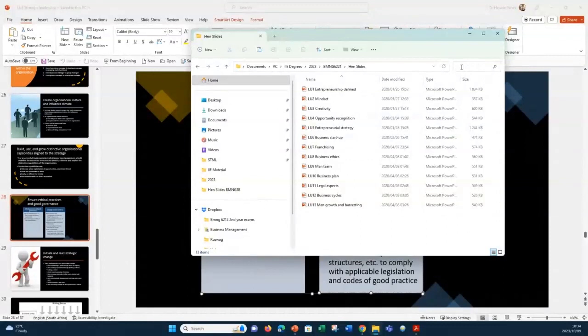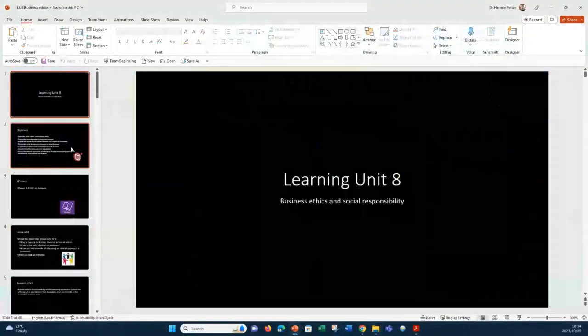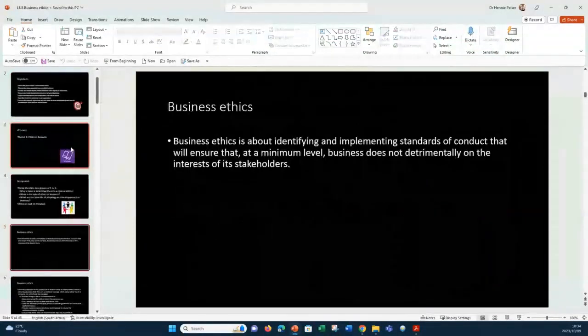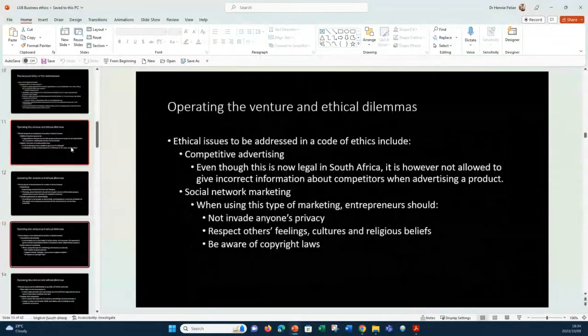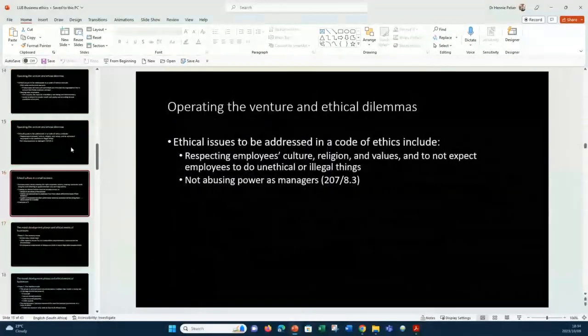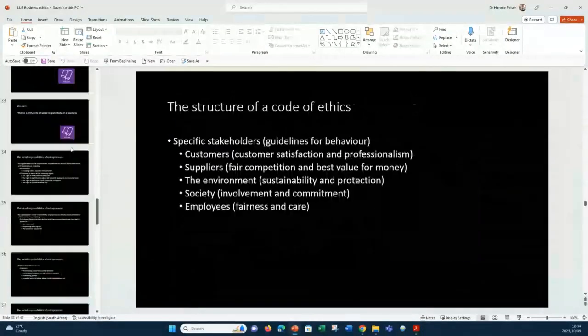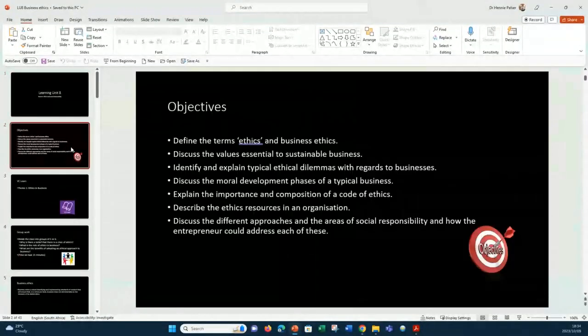Let me search for it easier. So this is from your second year textbook. There is a lot to consider in terms of ethics. So if you still have your second year textbook, you can have a glance at it. Will it be worth me sharing these slides, and all you need to do is then reference the second year textbook? I can definitely do that, and your OTs will share that with you as well.